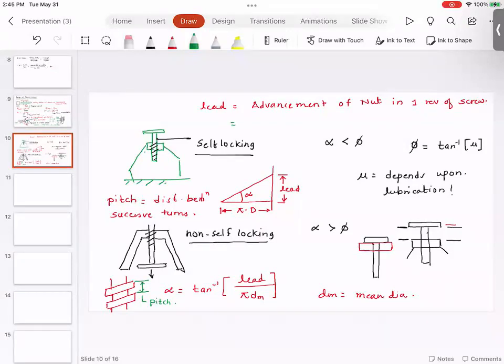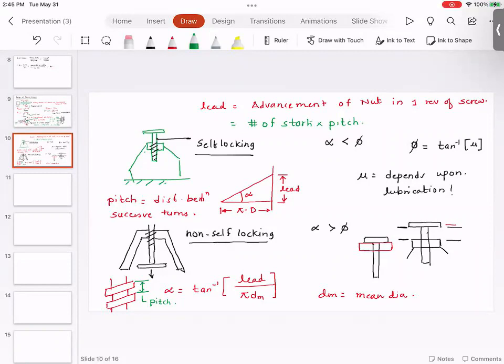So lead is equal to number of starts multiplied by the pitch. So if it's a single start screw, that means one start, the lead is equal to pitch. If it's a multi-start screw, then if you have two starts, then the lead is equal to 2 times the pitch.